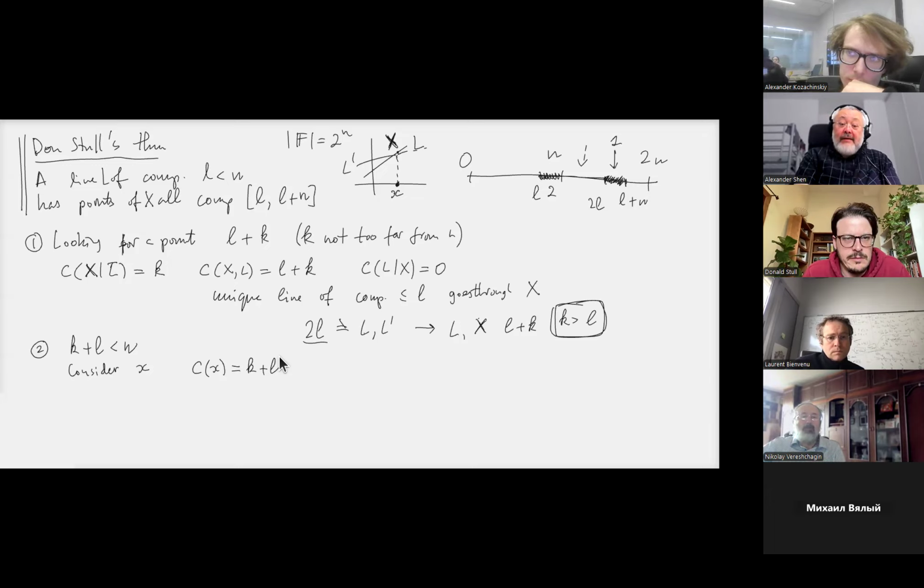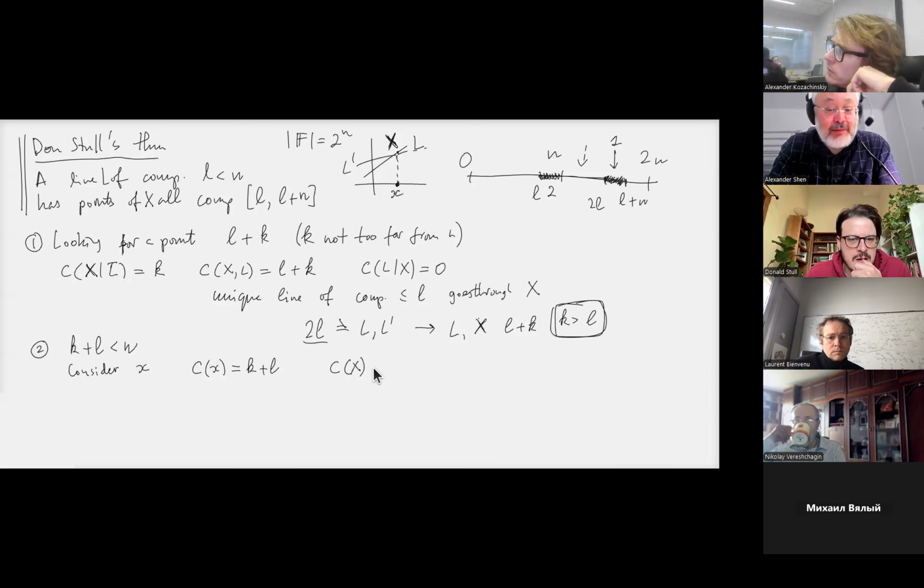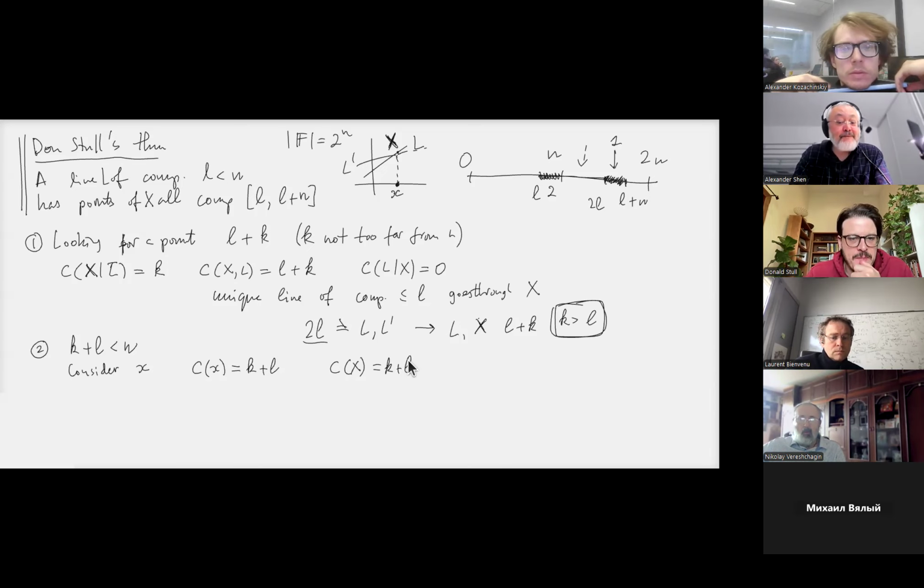But of course, we want the point to also have this complexity, which is not guaranteed because the point contains more information than the coordinate.